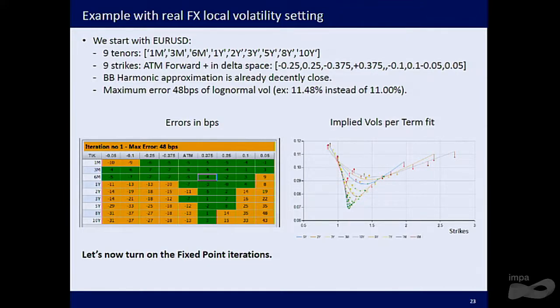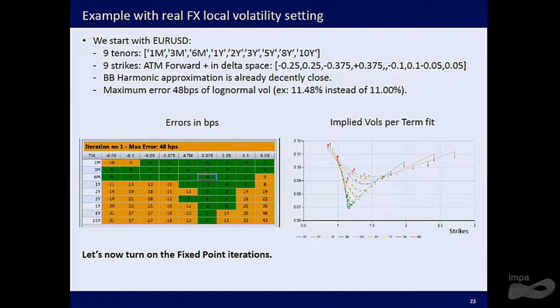So I have 81 targets. And I invert that system once. That gives me some local vol. And then I put them into my pricer, my exact pricer, and I check the accuracy. So already it's not bad, because you see the worst error is 11.48% instead of 11%. Or 48 bips is already a good start.